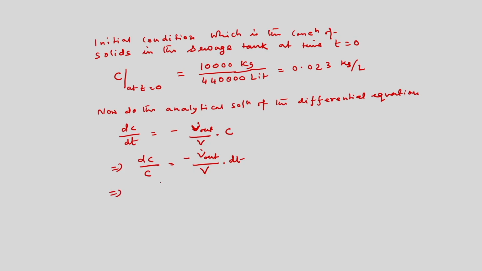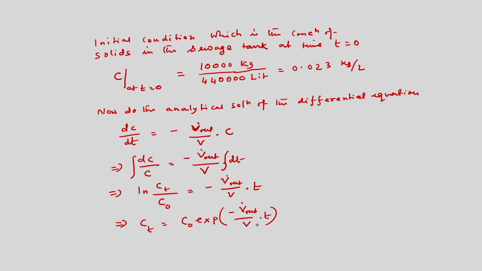So, from this, after integration, we can have C at time t and initial condition, suppose C0, that will be equal to minus V dot out by V into t. Or we can represent it as Ct will be equal to C0 into exponent of minus V dot out by V into t.